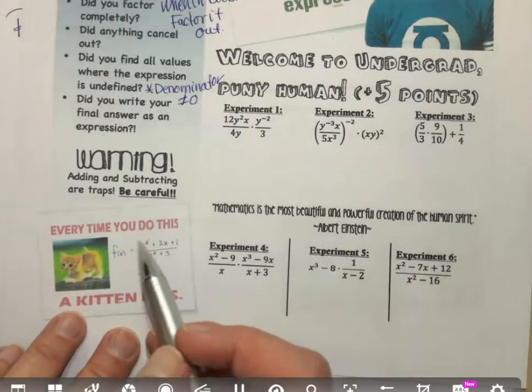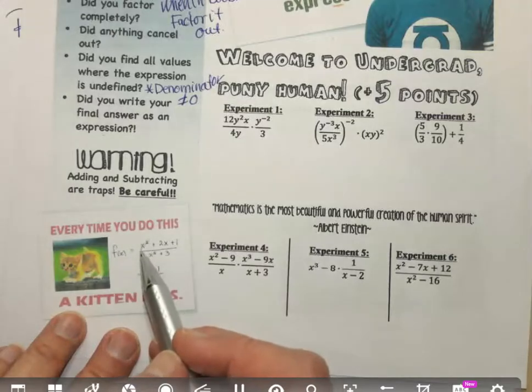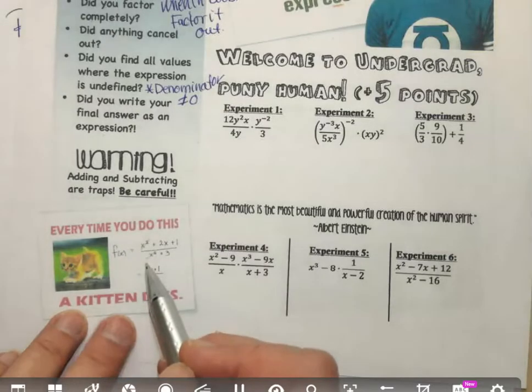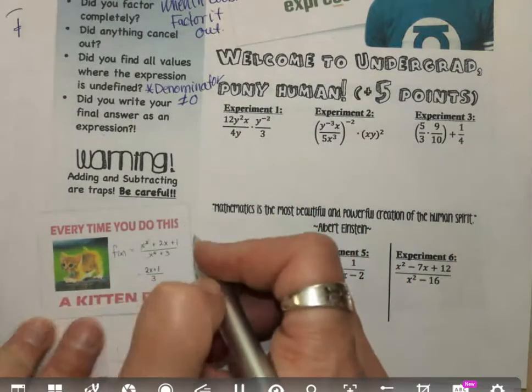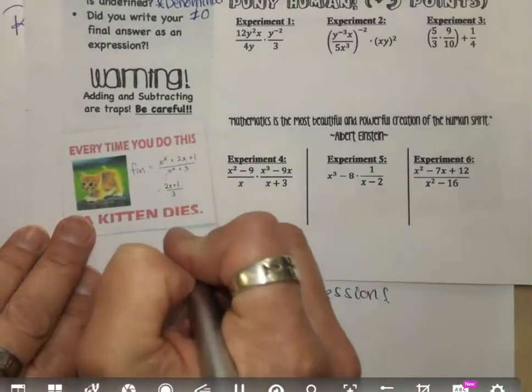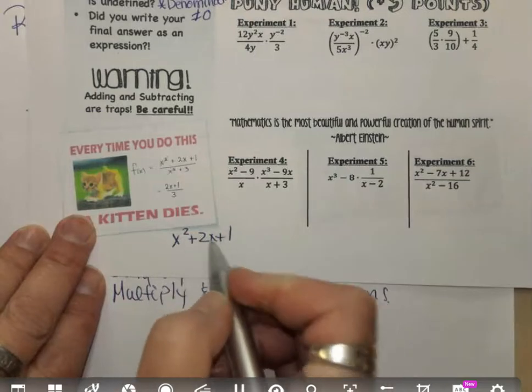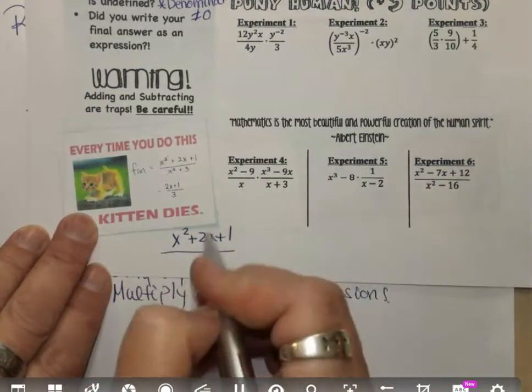So the big thing that we want to be cautious of is when we are simplifying, we cannot just cancel an x squared for an x squared. If I have x squared plus 2x plus 1, that's a trinomial. That's one package deal.